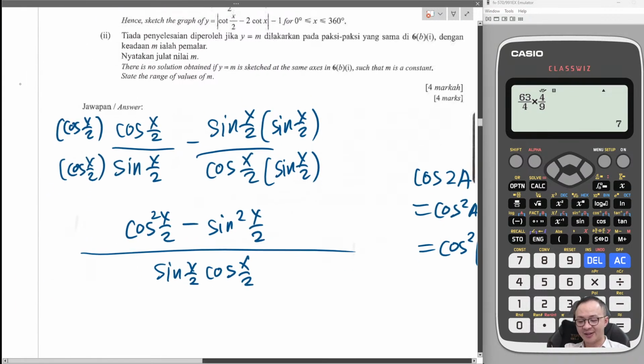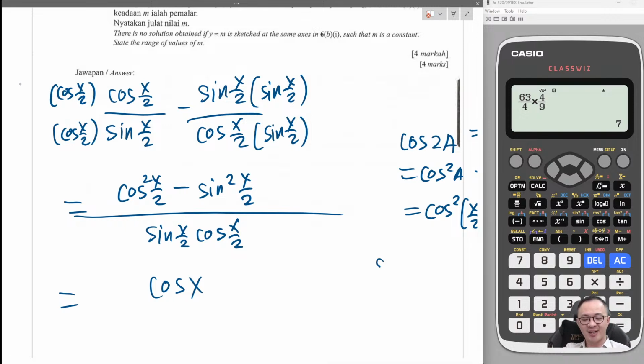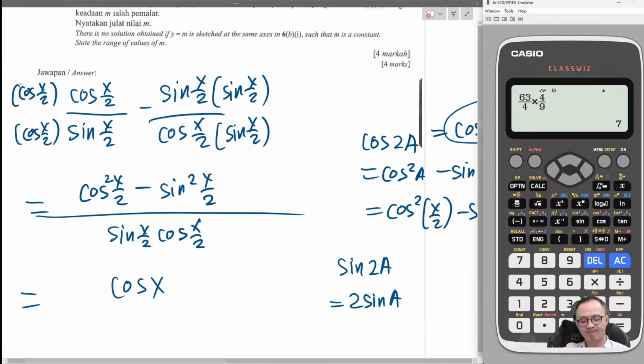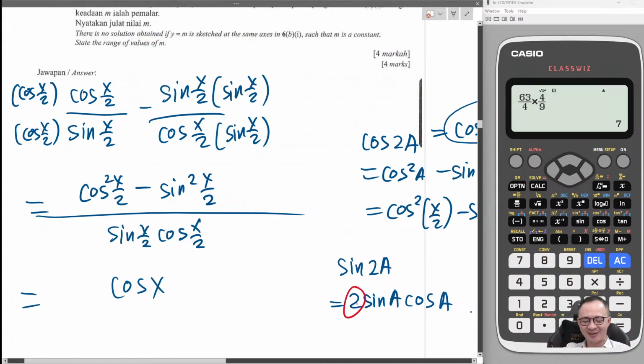So the next step, I will get cos x on the top. Bottom, this one is sine double angle. Sine 2A is equal to 2 sine A cos A. But the problem right now, students will ask, sir, we don't have 2 here, how?